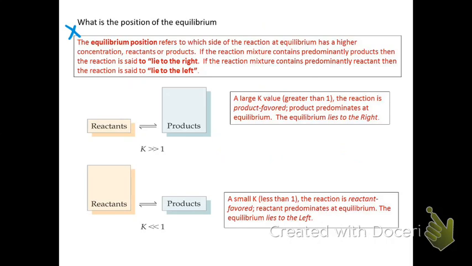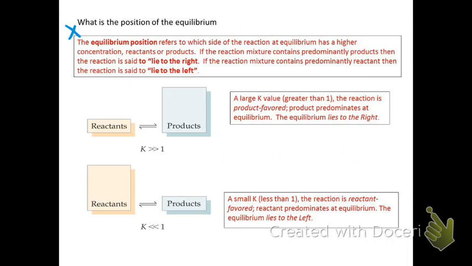First of all, the equilibrium position refers to which side of the reaction at equilibrium has a higher concentration, reactants or products. Remember, earlier in this lecture we said that at equilibrium, the concentrations of the products and the reactants are going to be constant. They won't change.